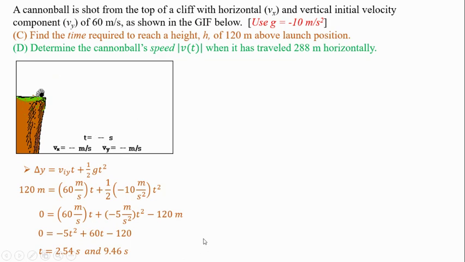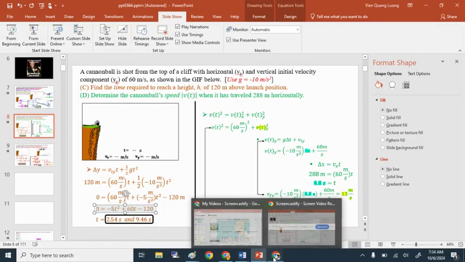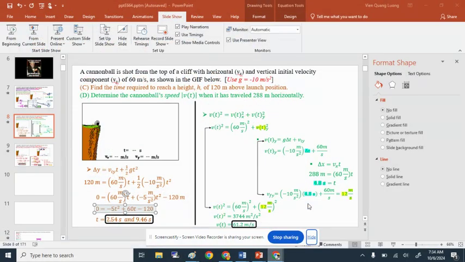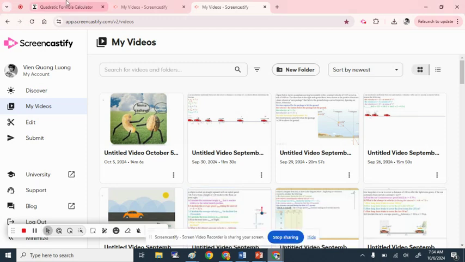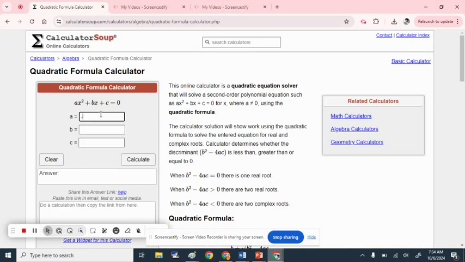So I'll exit my screen and do the quadratic solver on the internet. Here we have A is -5, B is 60, and C is -120. So -5, 60, and -120. If you do -5 for A, positive 60, and -120, hopefully you have a quadratic solver in your graphing calculator.